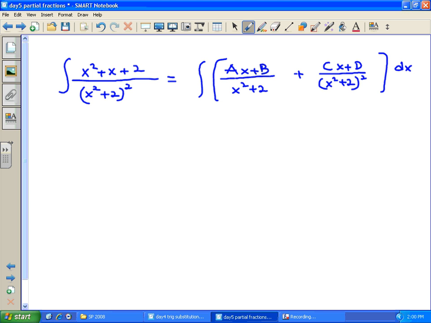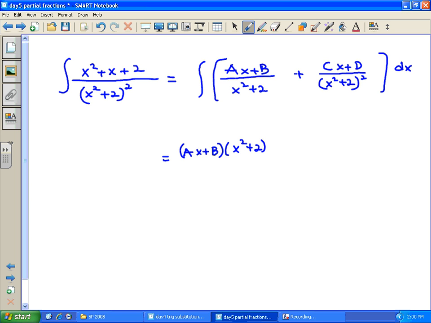Okay, now to get common denominators, what would you need to multiply the first fraction on the right-hand side with? The top and the bottom of the first fraction is being multiplied by x squared plus 2, right? This will make the bottom of that fraction (x squared plus 2) squared, and that is your least common denominator.